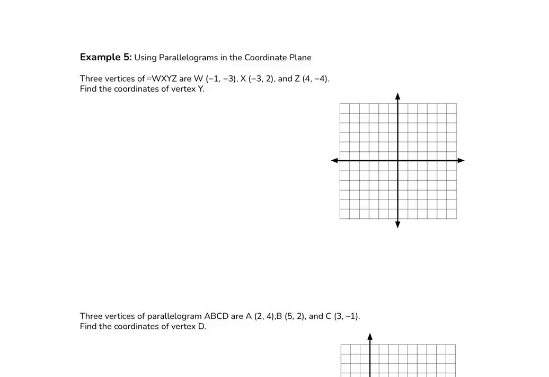We don't know y. So we're going to go -1, -3. That would be w. We're going to go -3, 2, which would be x. And then we're going to go 4, -4.